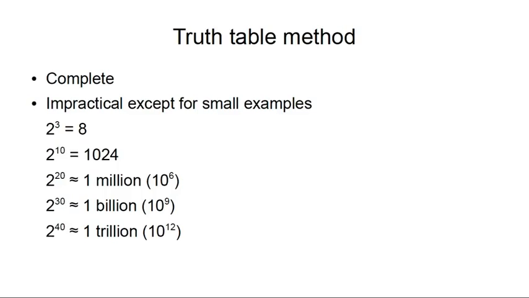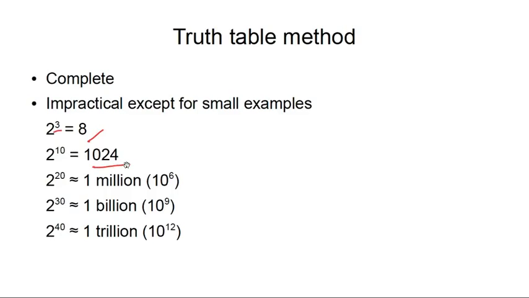In the example we just looked at, we had 3 propositions. And we need to examine 2 to the 3rd power, or 8, truth assignments. That's very small. We did it by hand. If you had 10 propositions, you need to examine about 1,000 truth assignments.